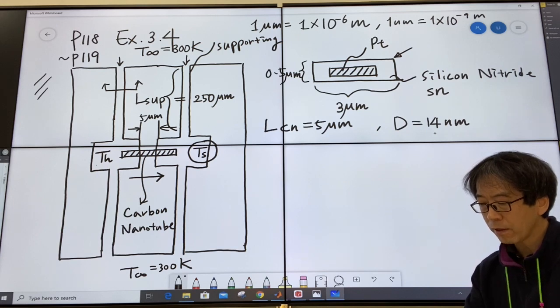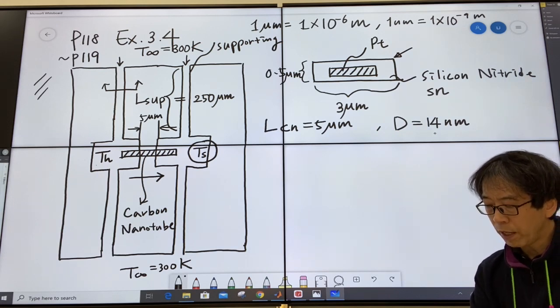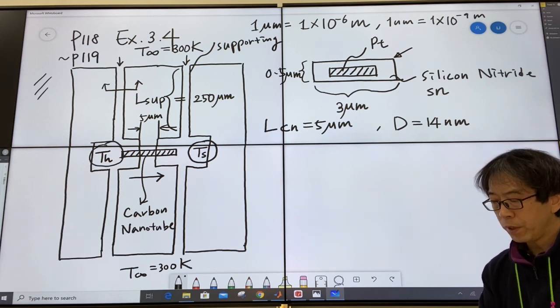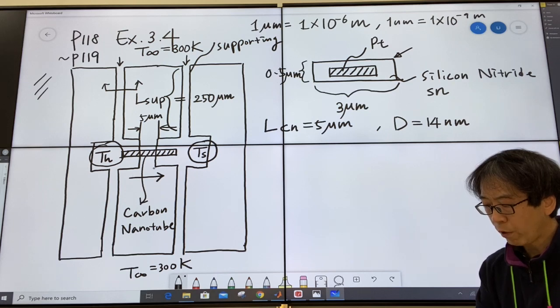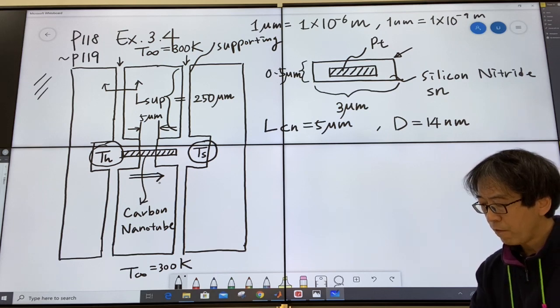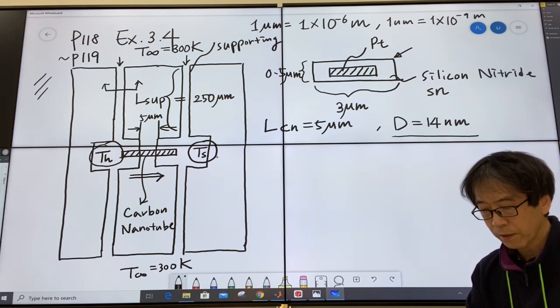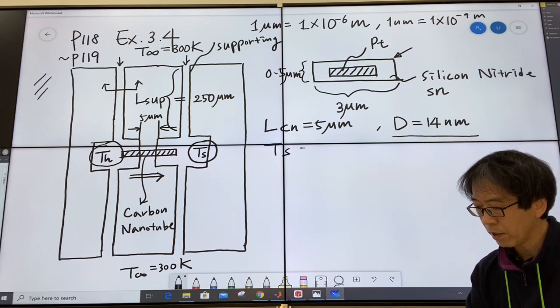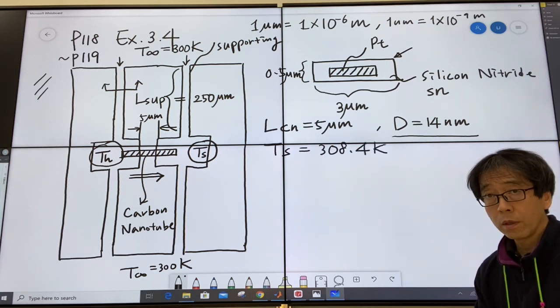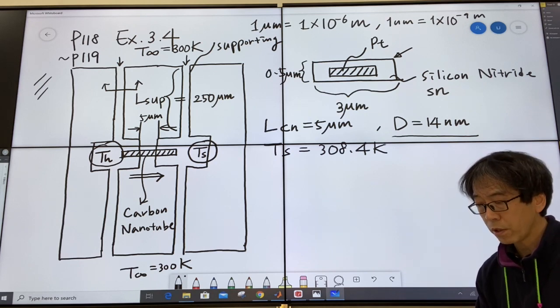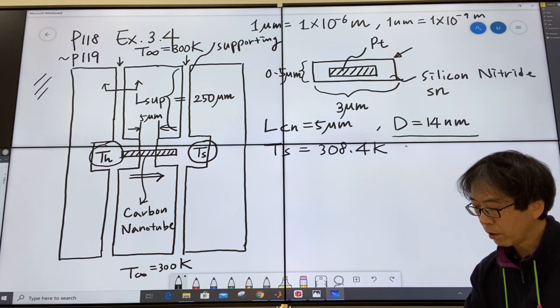And what happens is that the heat generated on your left hand side to elevate the temperature TH, which is unknown, will be transferred to the right hand side through this very thin carbon nanotube and elevate the temperature up to TS. What is TS? Right here, TS is 308.4 Kelvin. Yeah, so it's pretty high temperature compared to the room temperature, compared to 300 Kelvin.